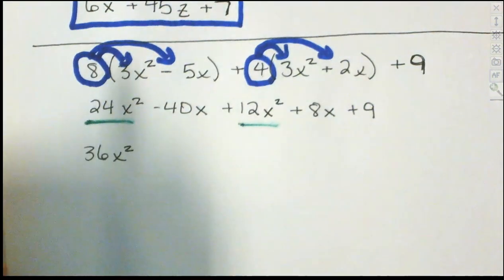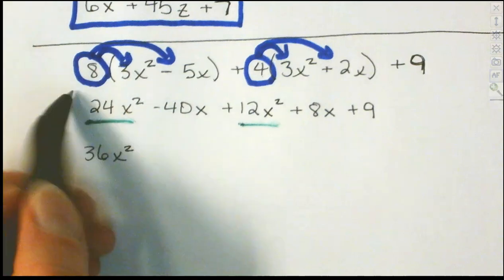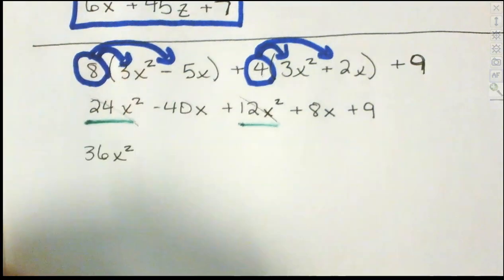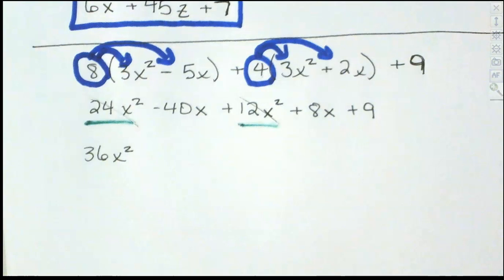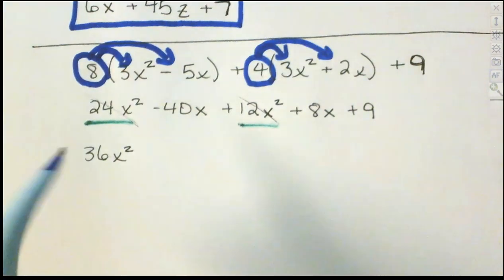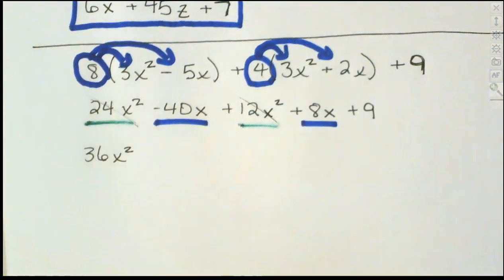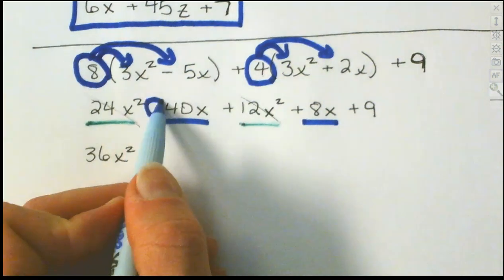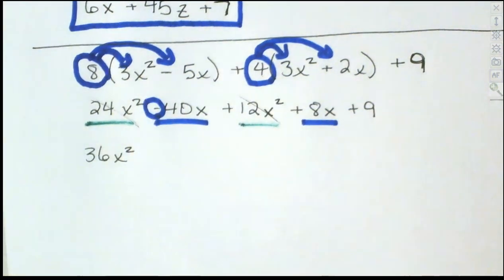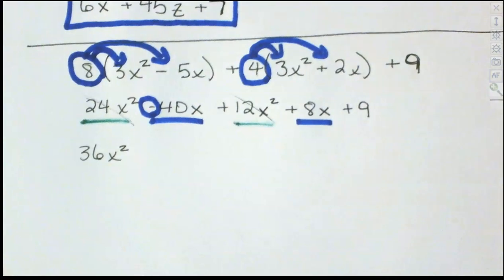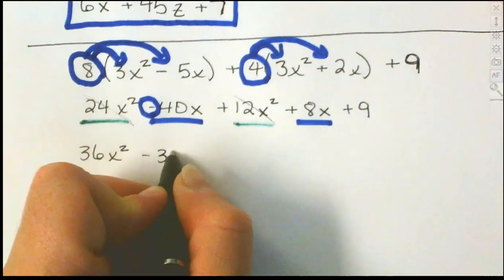And you can cross them off if it makes it easier, so you know you've used them. Now we can move on and do the x's. So these can go together. And careful with that 40, it's a minus 40. So minus 40 plus 8 makes it a minus 32x.